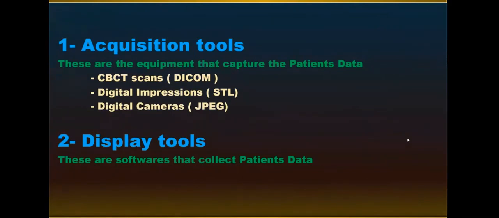So we have here the CBCT scans and the digital impressions, and sometimes we use digital cameras. Those are all acquisition tools. Second are the display tools, or what we can call the software used to display the data captured from the acquisition equipment.